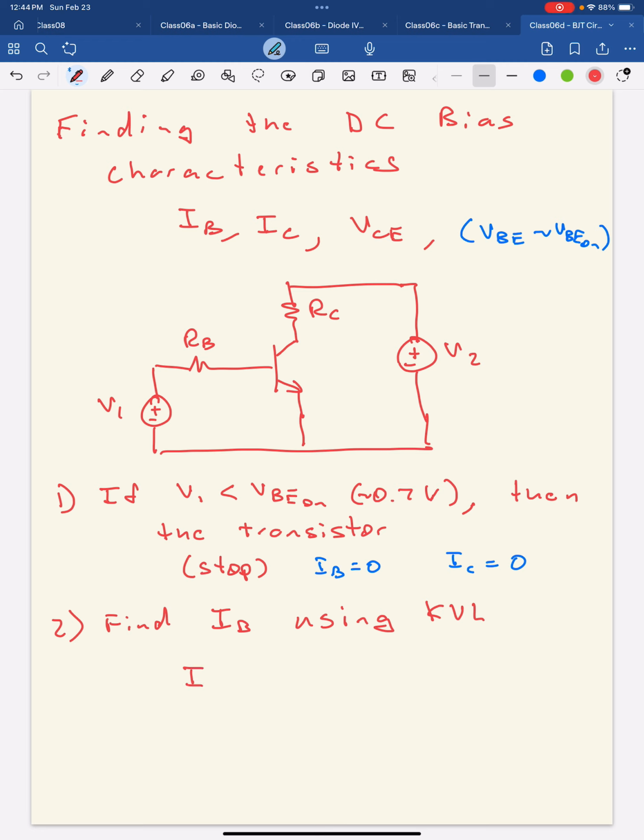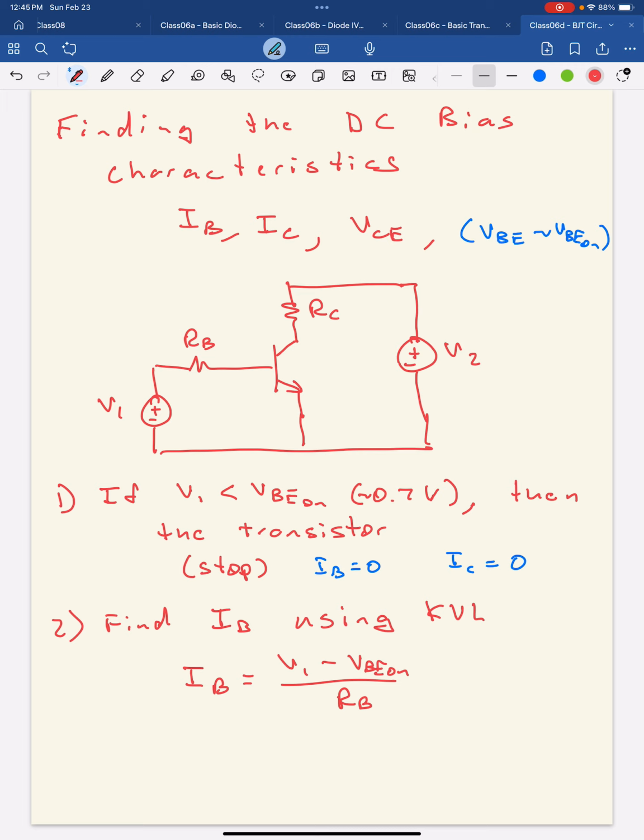If you go and review that video, we find IB is V1 minus VB on, which is about 0.7 volts, over RB. There's our base current, and that's a valid expression. There's a little bit of error because VB on is not exactly 0.7, but it can be pretty darn close.